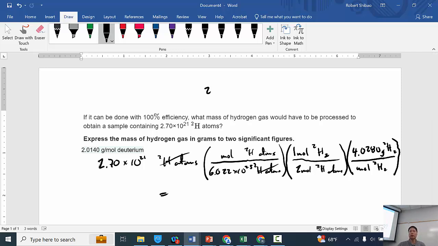So let's calculate how many grams. It's going to weigh more than the average hydrogen. So 2.7 times 10 to the 21, divided by 6.022 times 10 to the 23, divided by 2, times 4.028.